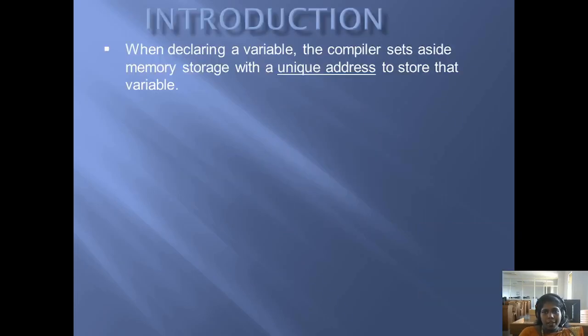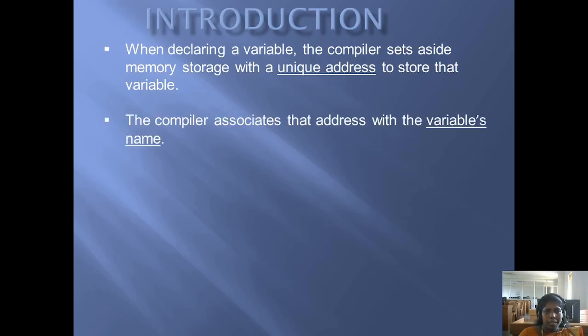When declaring a normal variable, the C compiler sets aside a memory storage with a unique address to store the variable. It happens always. Whenever we declare a variable, a unique address is allotted for that variable. So the compiler associates that address with the name of the variable.